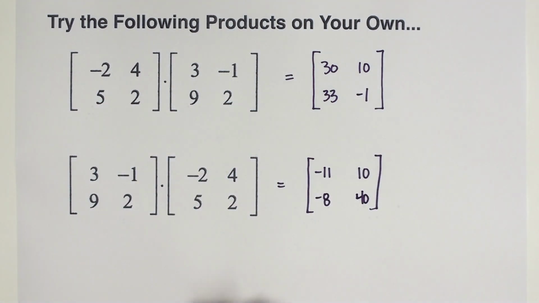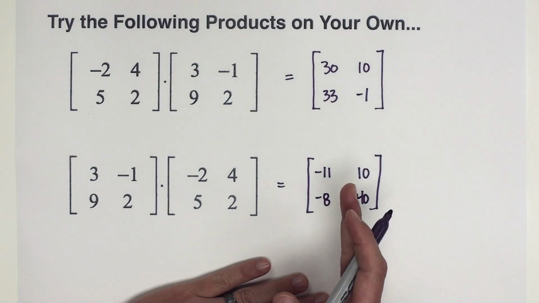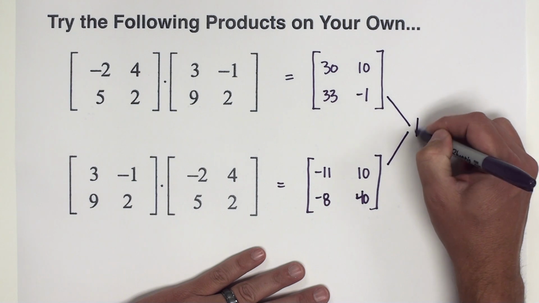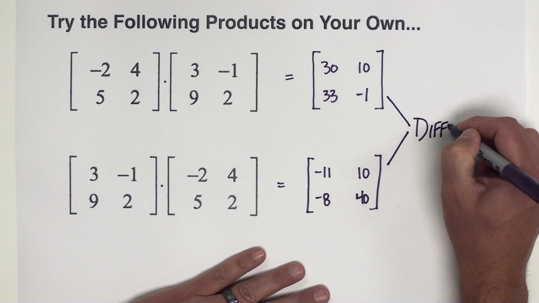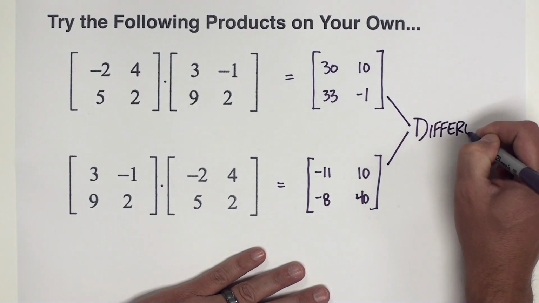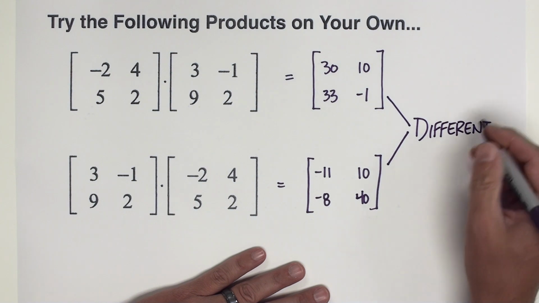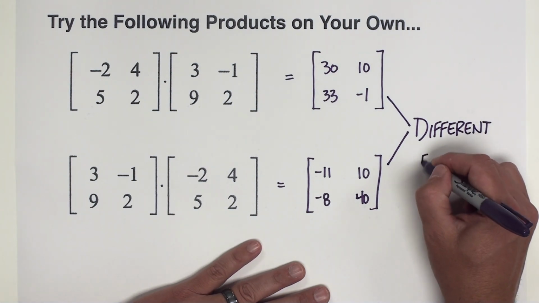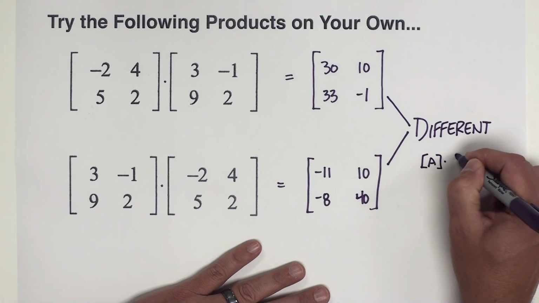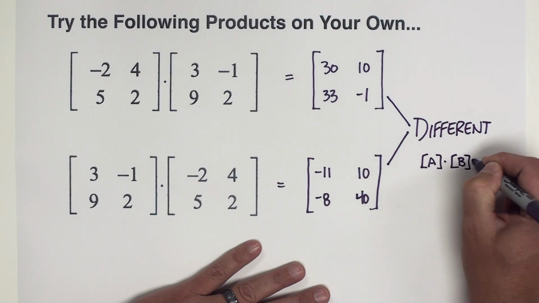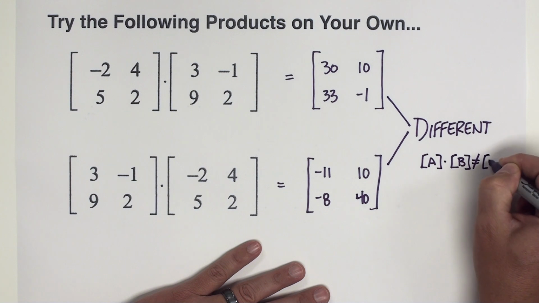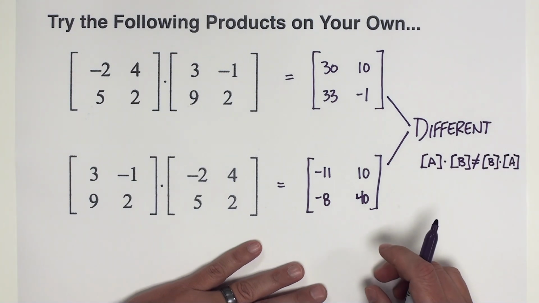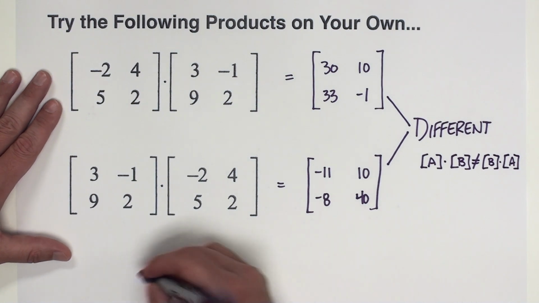Okay, so what did you find? If you worked through it and you got these answers, what you found is that the answers are different. In other words, matrix A times matrix B is not the same as matrix B times matrix A. Okay, that's an important property.